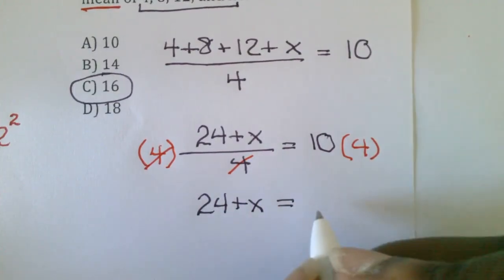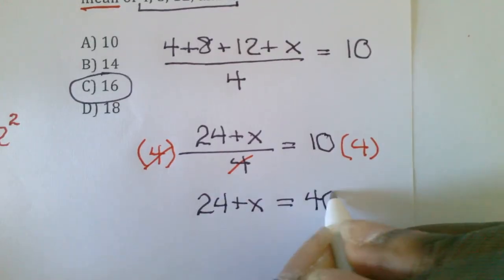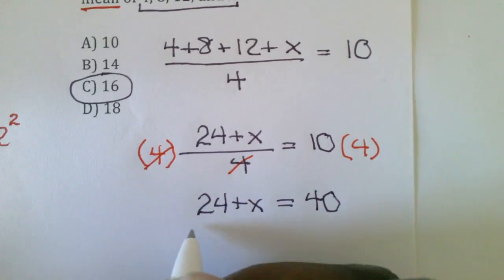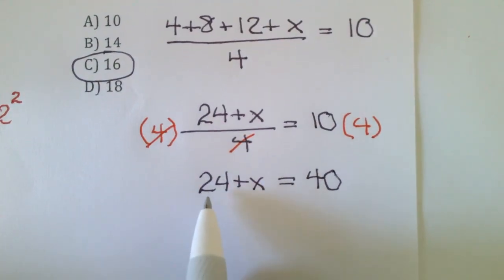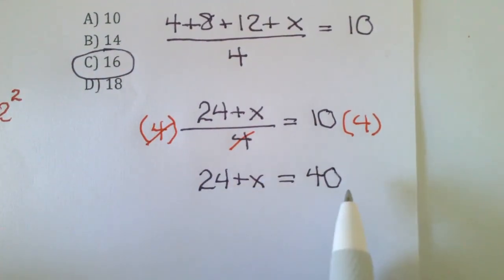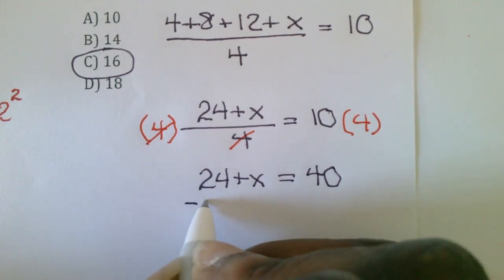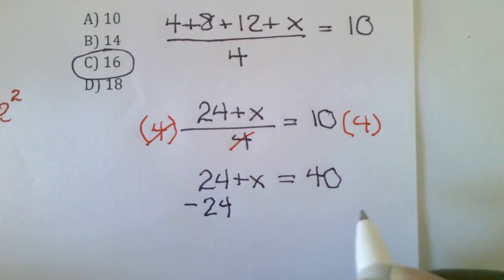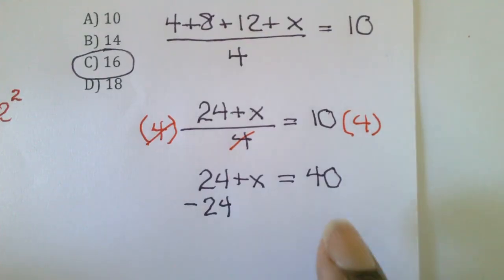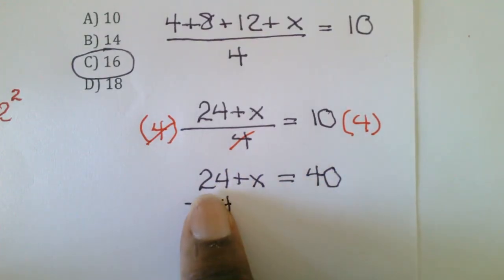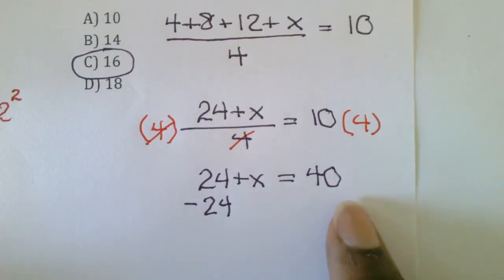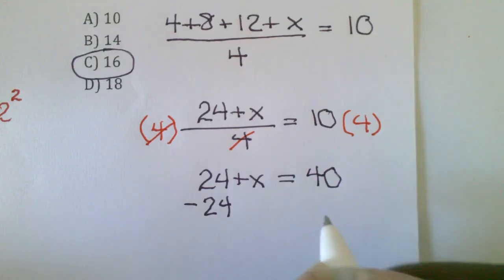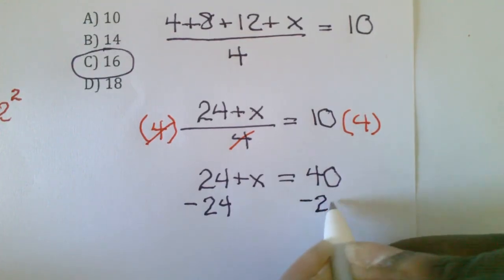But this time it's going to equal 40. And if I have a positive 24, I have to do the inverse, which is minus 24. Not minusing the 40, because if I'm minusing the 40 and bringing everything over to the left-hand side, there's nothing here on the right-hand side. Okay? So then you have your negative 24.